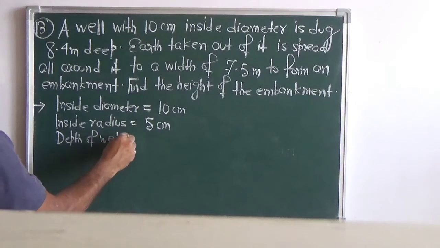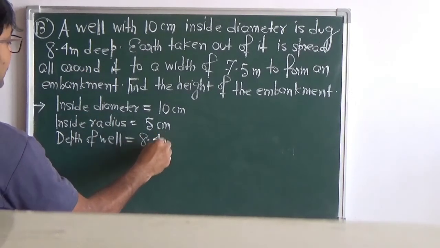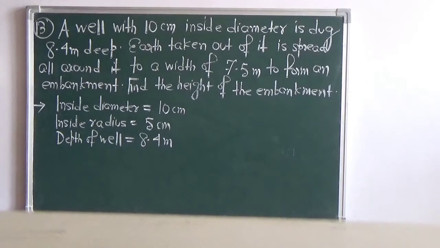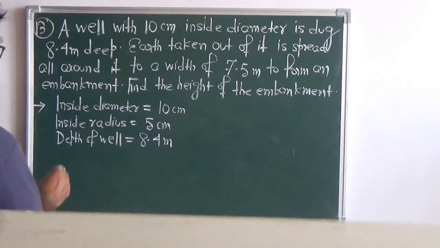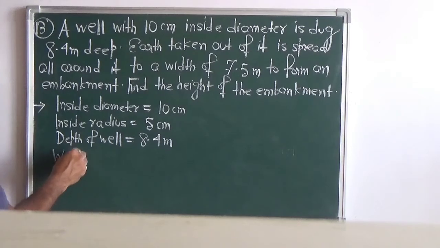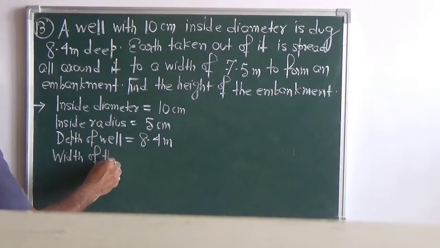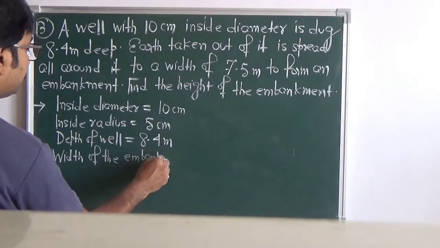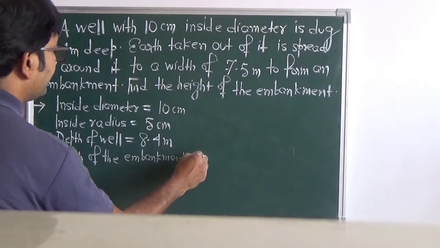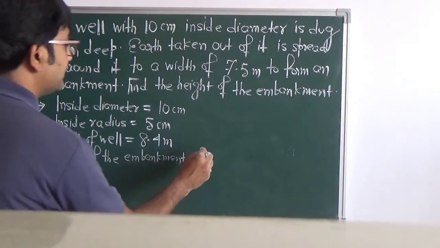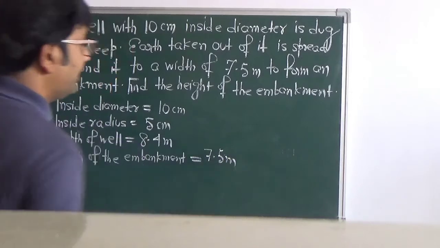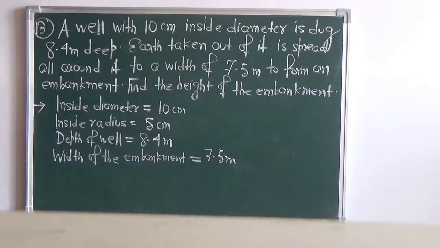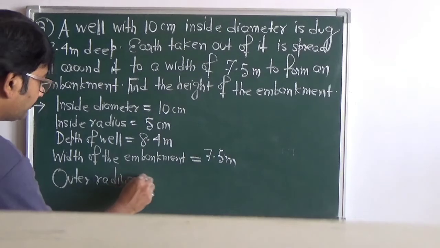Depth of well is given as 8.4 meters. Earth spread out, the width of the embankment is given as 7.5 meters. Now if the width of the embankment is 7.5 meters, what will be the outer radius?